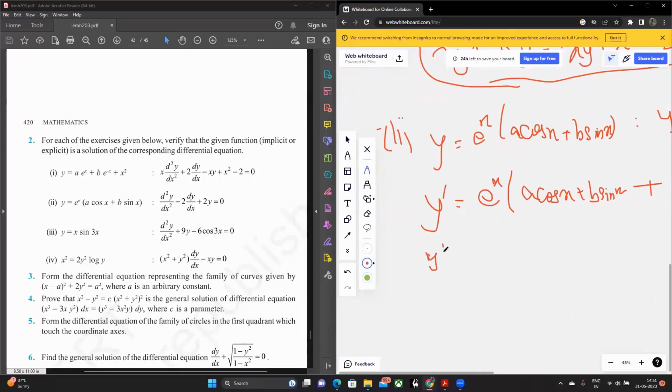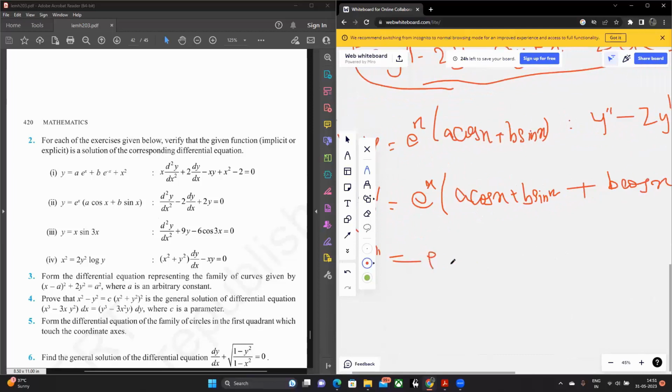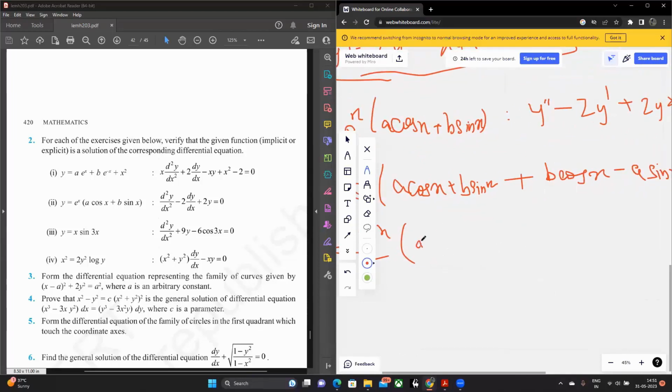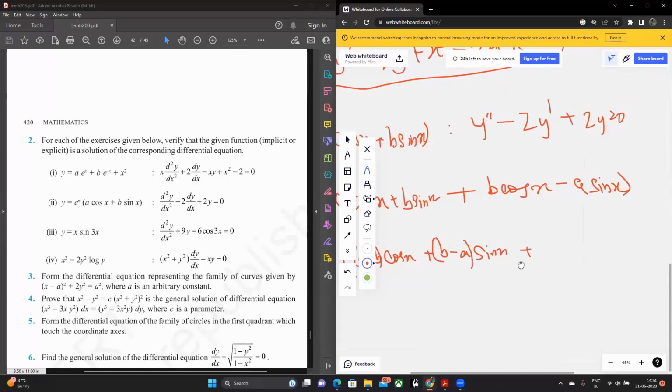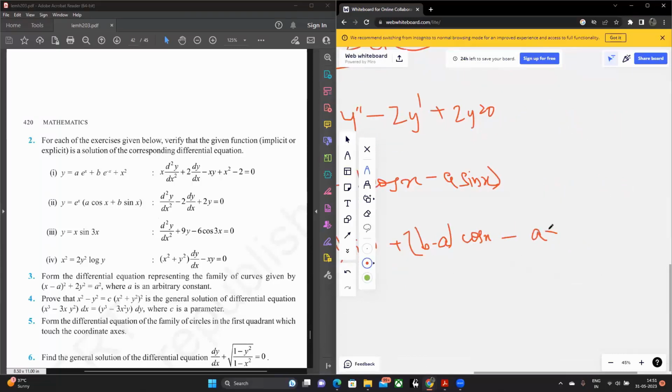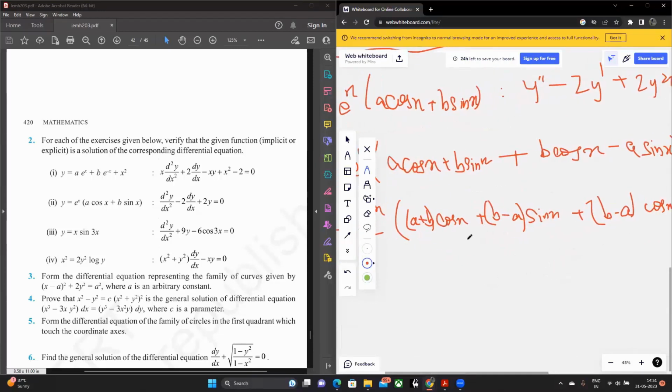And y'' is going to be e^x times this whole thing: (a plus b) times cos x plus (b minus a) times sin x, plus (b minus a) times cos x minus (a plus b) times sin x. Because the differential of cos x is minus sin and the differential of sin is plus cos.